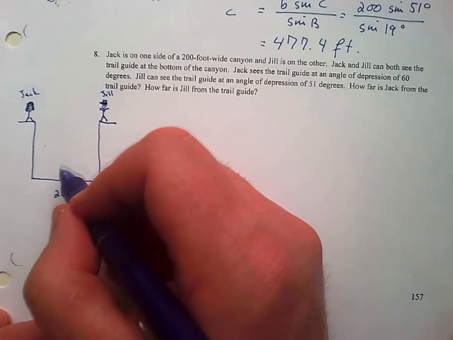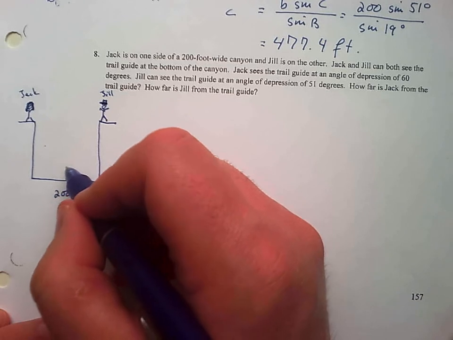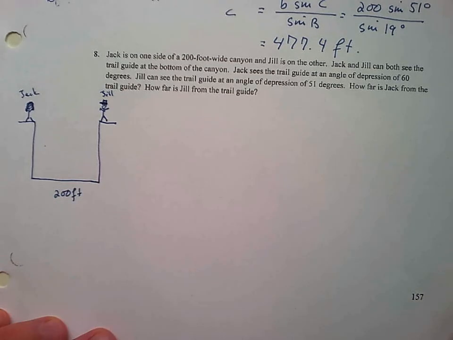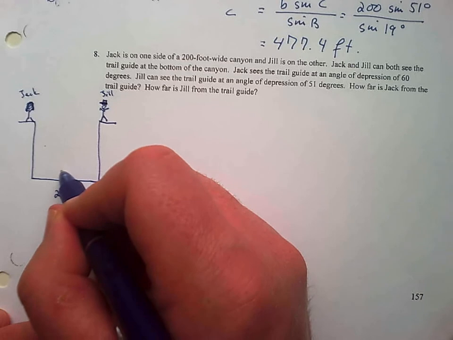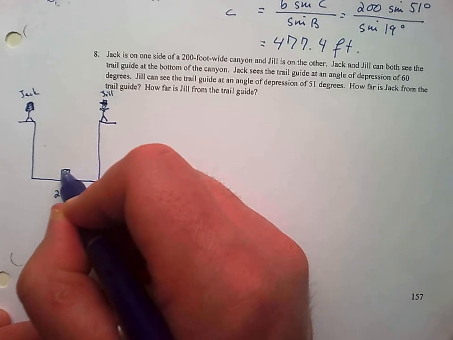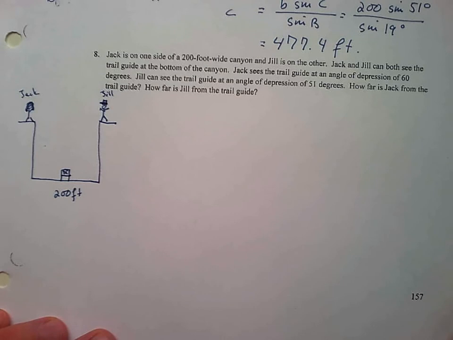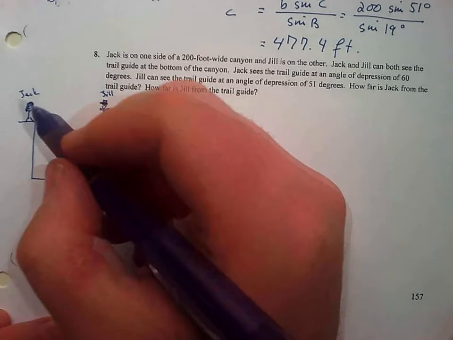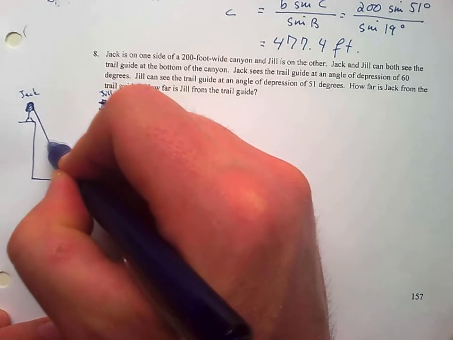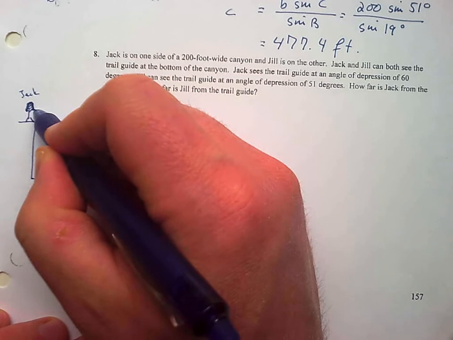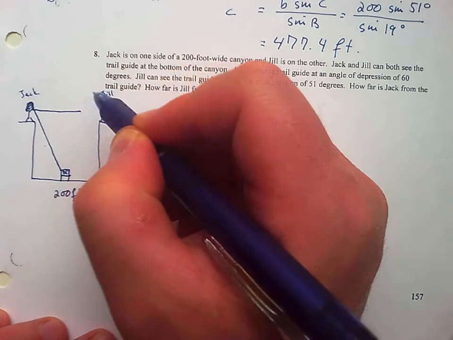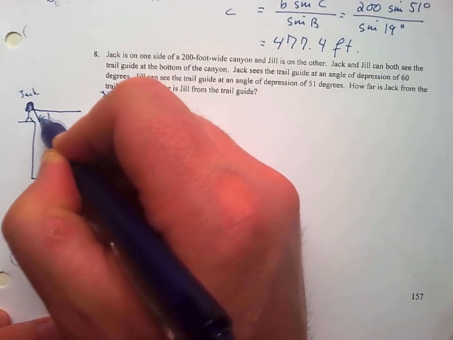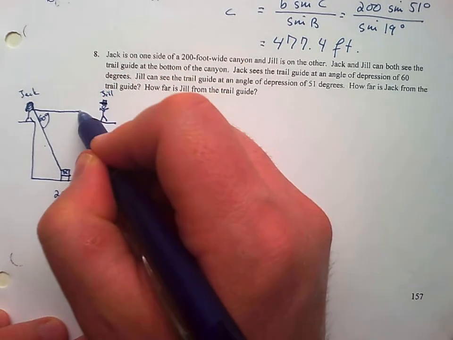And they see this tour guide. I'm not quite sure what this is. Or trail guide. Oh, it's a trail guide. So here we have this trail guide. It says what kind of trails there are and stuff like that. So here we know that from Jack, the angle of depression is 60 degrees.